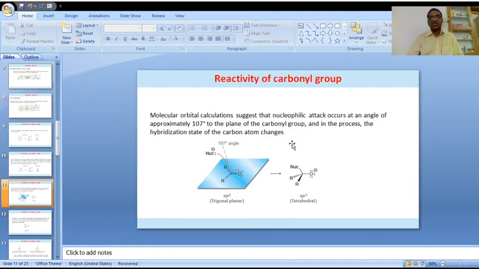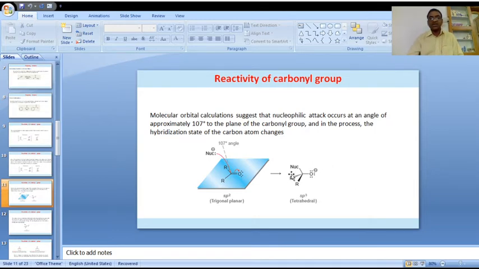This is the formation of the alkoxide ion. This alkoxide ion is a tetrahedral structure. The central carbon undergoes sp3 hybridization. Is it clear?